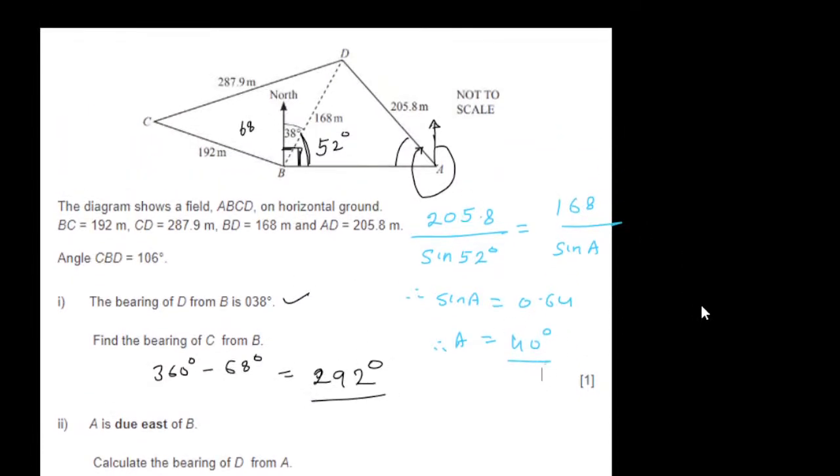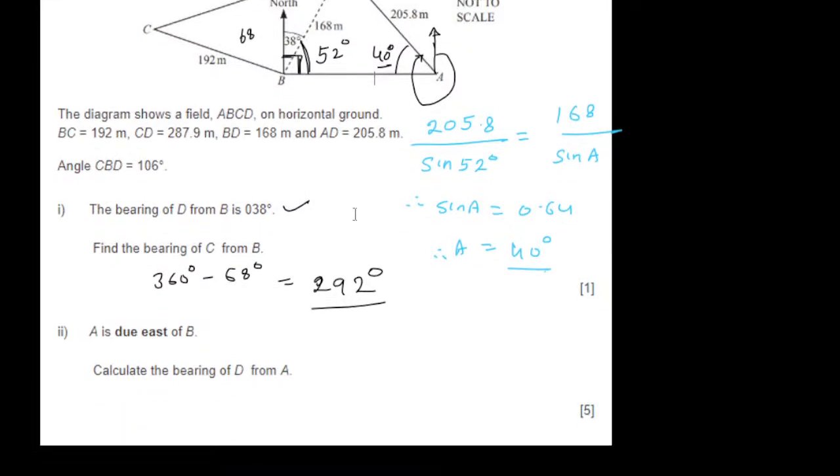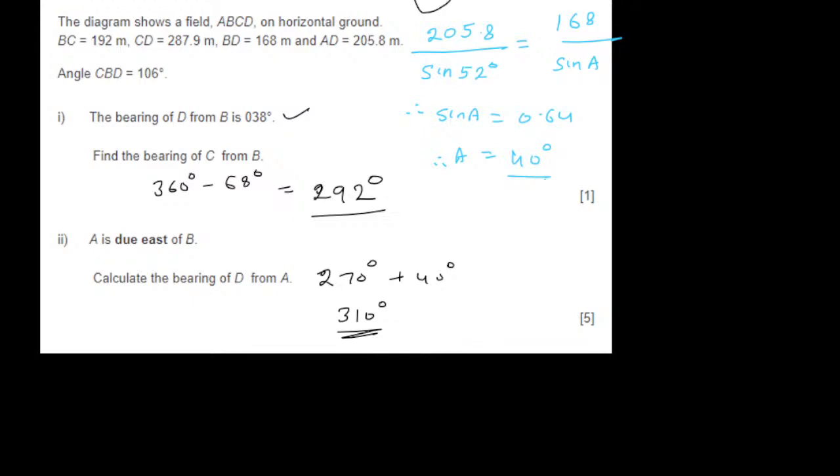So as this angle is 40 degree, this whole bearing of D from A will be 270 degree plus 40 degree, which is 310 degree. Okay, so this is our answer for 5 marks.